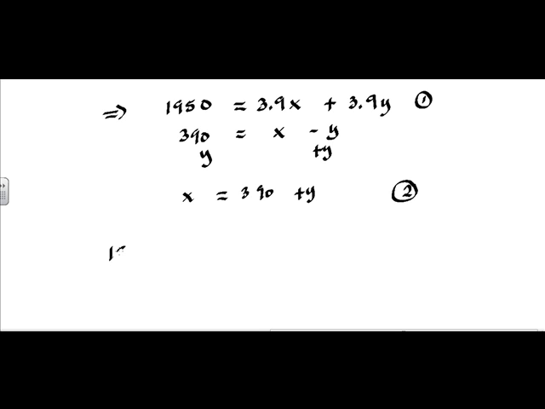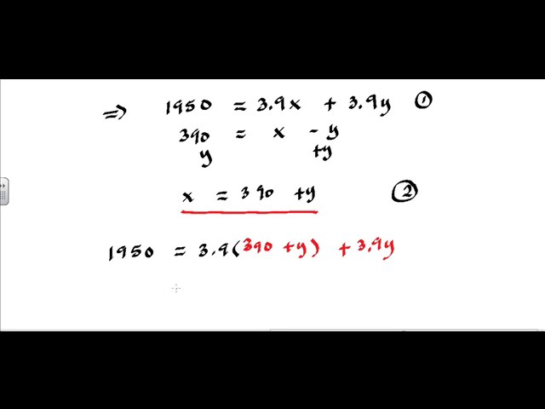So I get 1950 equal to 3.9 times x. But x is 390 plus y, so 1950 equals 3.9 times (390 plus y).